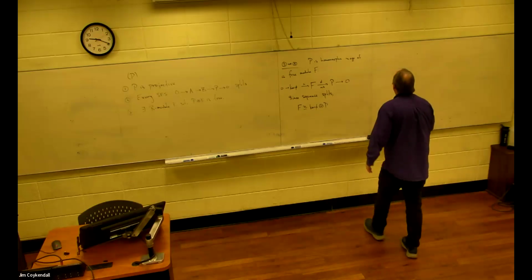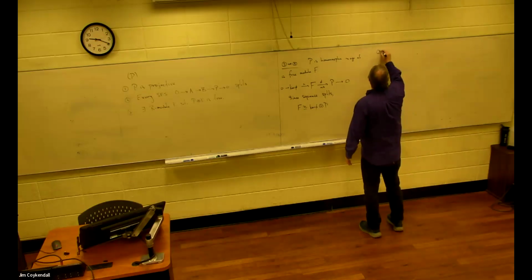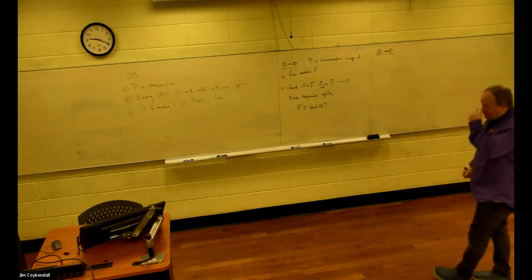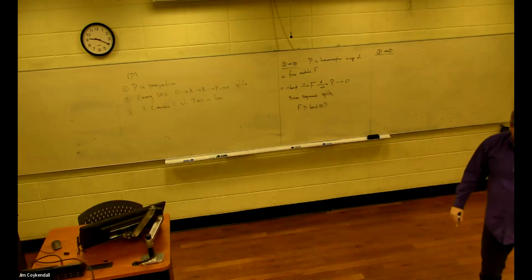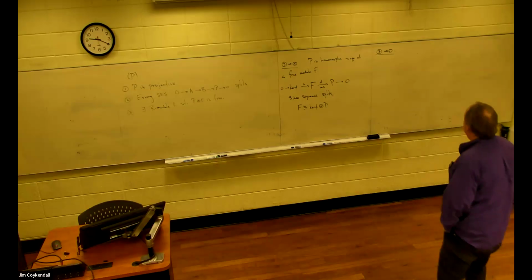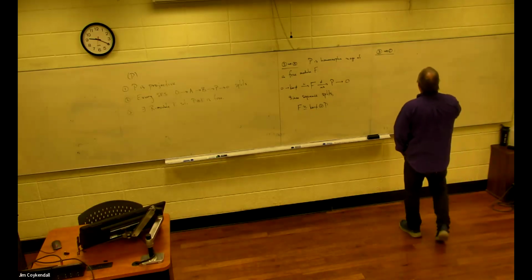Okay, so 3 implies 1. So we know that P has the property that there's an R module K such that P direct sum K is free. I want to show that P is projective. Right? So let's set up the diagram.